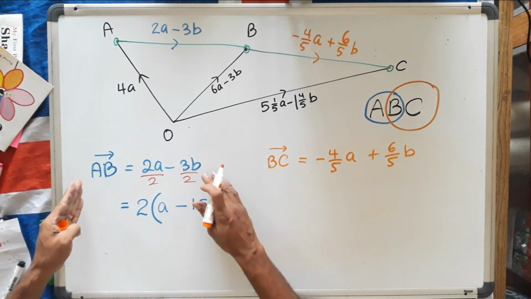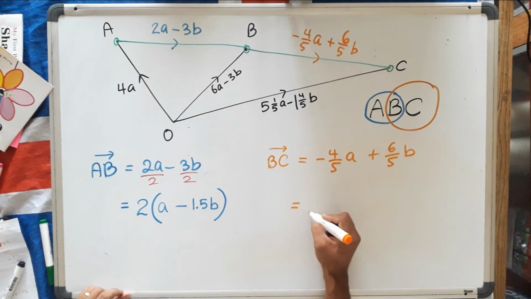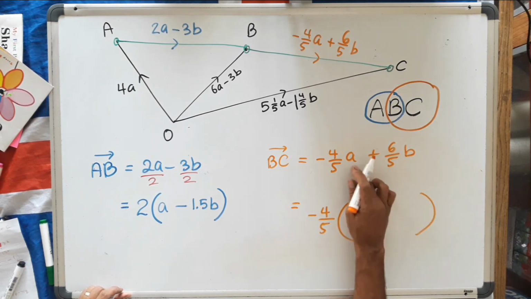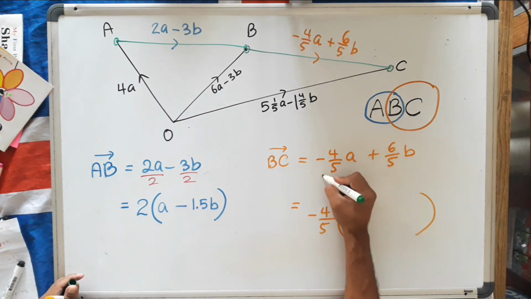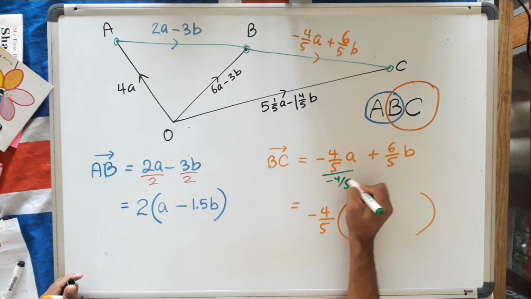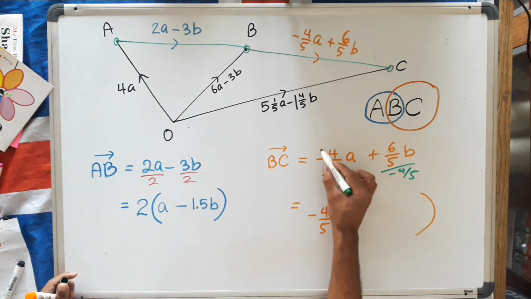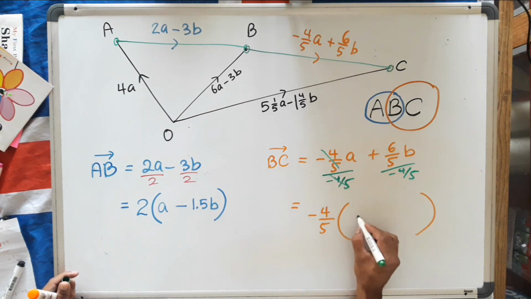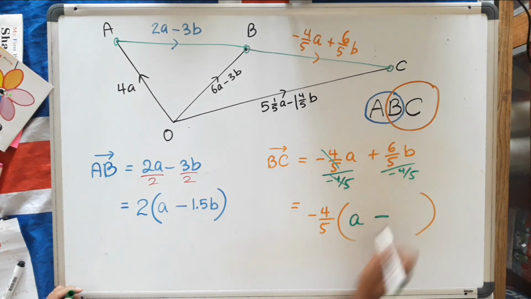Right. Remember, we had factorized AB, and now we're going to factorize BC. So I'm going to pull out minus 4/5, because when you don't know what to pull out, look at the first letter and whatever is touching it. So you're visiting him and dividing it by minus 4/5, and you're visiting him and dividing it by minus 4/5. These two cancel out, bam, bam, they give you A. These two, well, a positive divided by a negative is a negative.